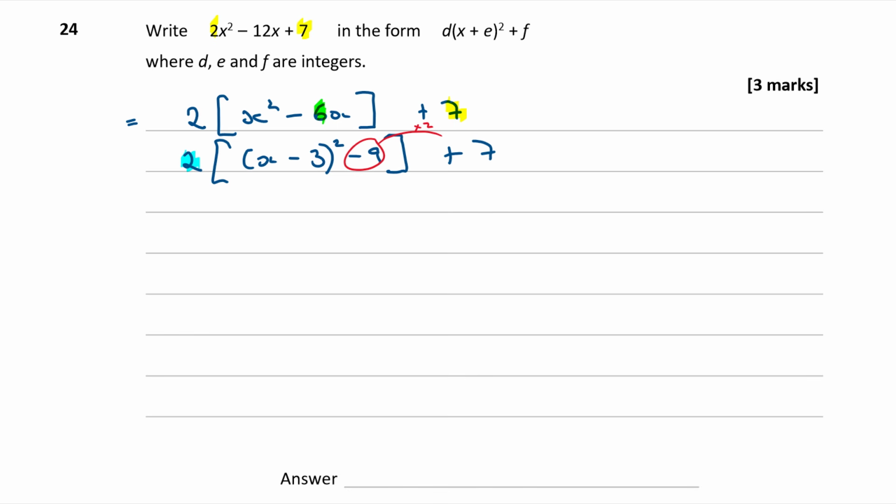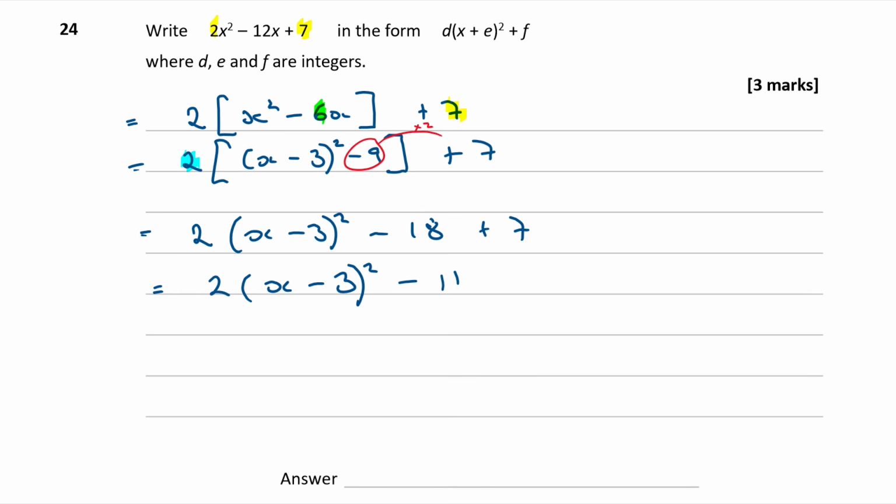So when I take it out of the bracket, I'm going to get 2 lots of x minus 3 all squared minus 18 plus 7. And then finally I'm going to join those numbers up at the end. The minus 18 plus the 7 is going to give you minus 11 on the end.